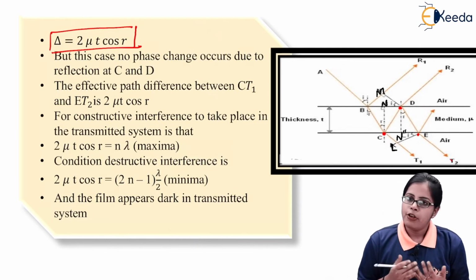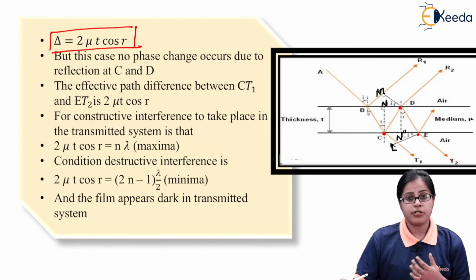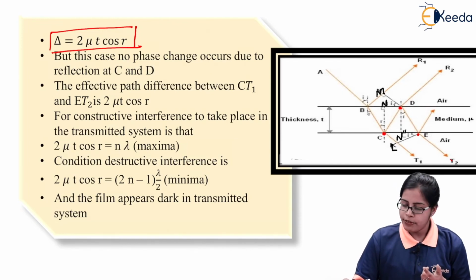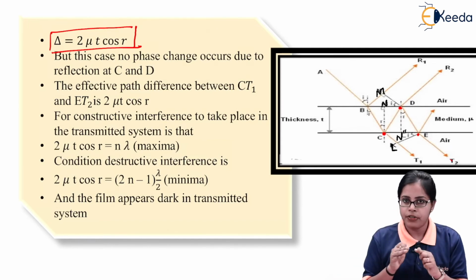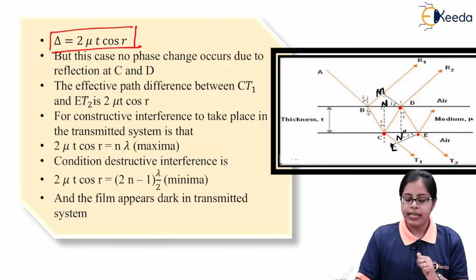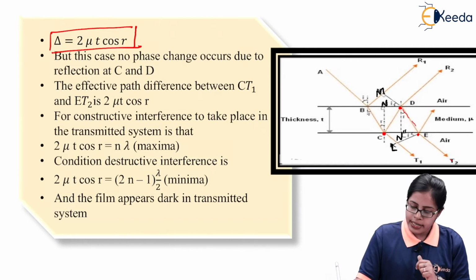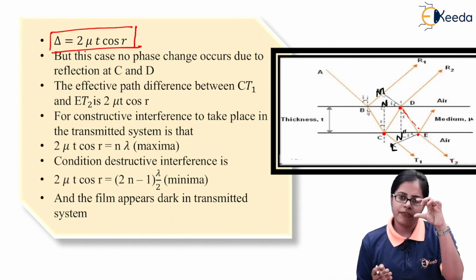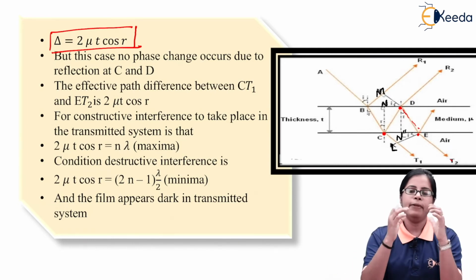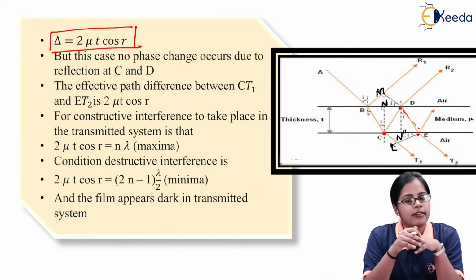So we obtain no phase change for both the points C and D, because even for point C the ray is remaining inside the thin film, and even for point D the reflected ray is remaining inside the thin film. When I talk about point C, the reflected ray is CD. When I talk about point D, the reflected ray is DE.